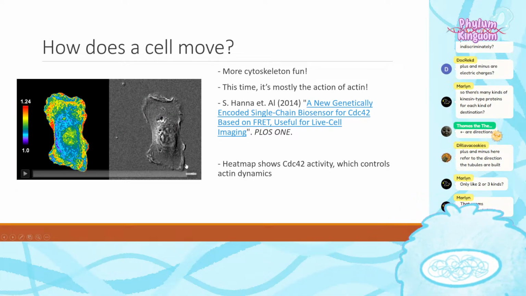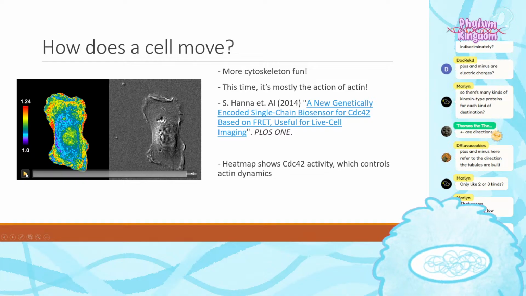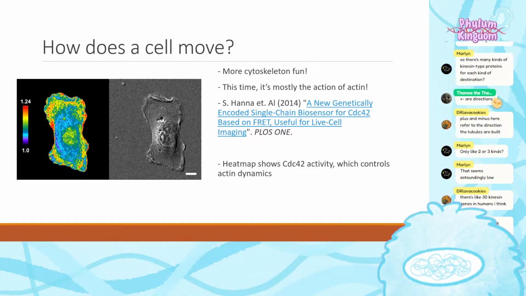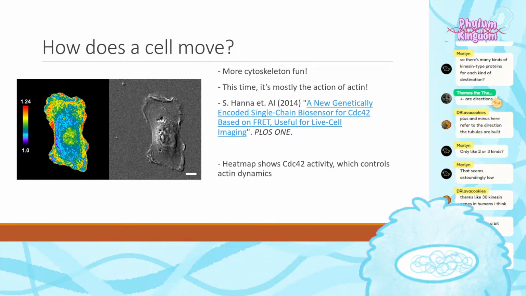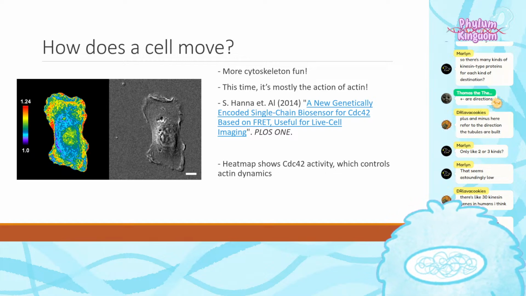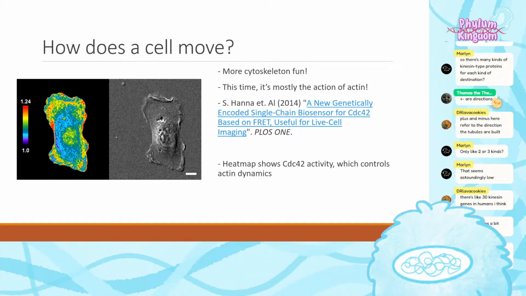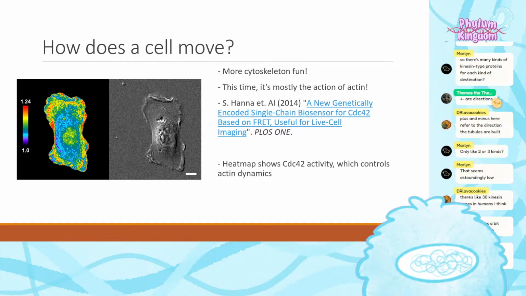So again, this is another shout out for cytoskeleton stuff, because again, I love cool videos, and this is another cool video. This is a genetic biomarker for the protein CDC42, which is an actin regulator. If you want to transfer from the question of how does cargo get to where it needs to be, well, how do cells get to where they need to be, specifically eukaryotic ones, because bacteria is different.